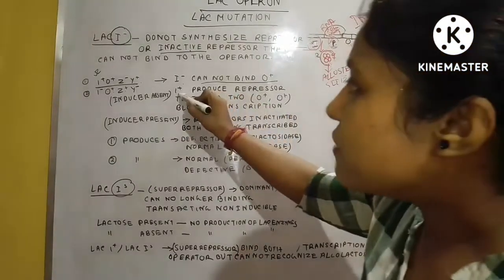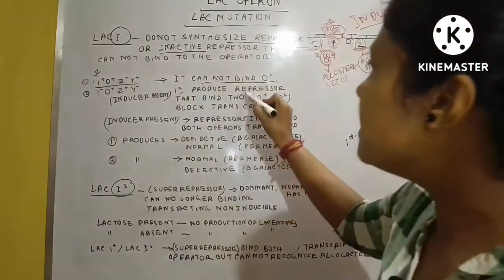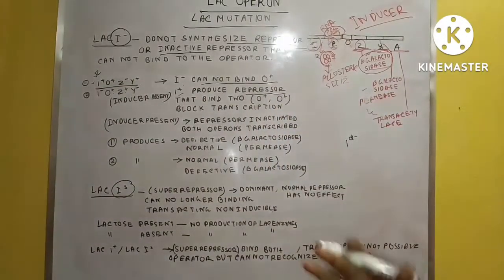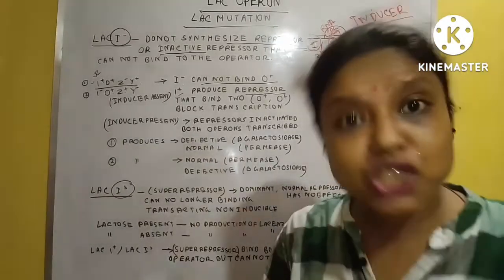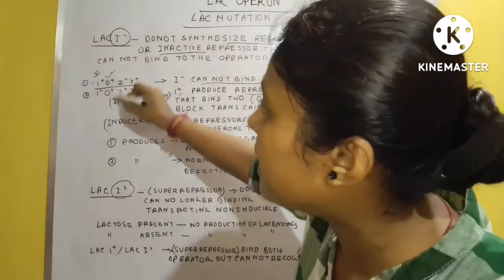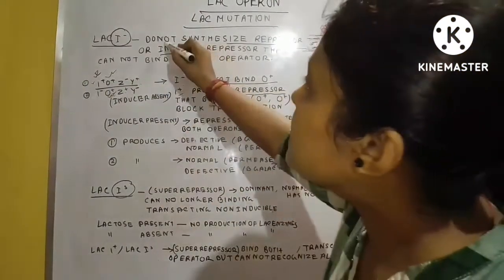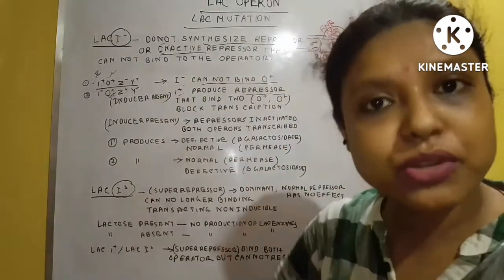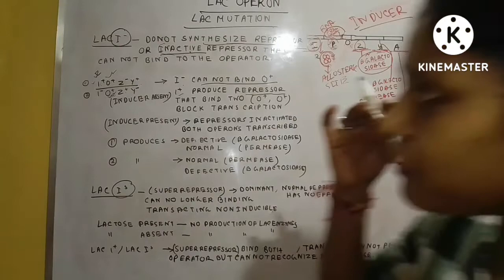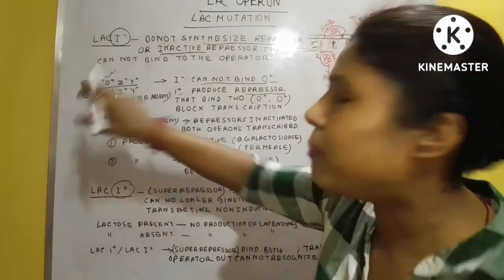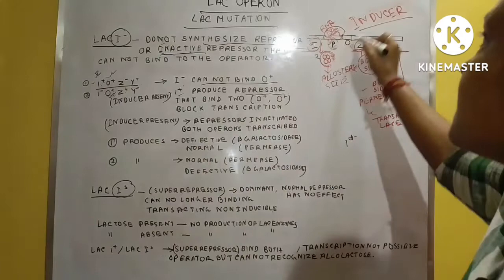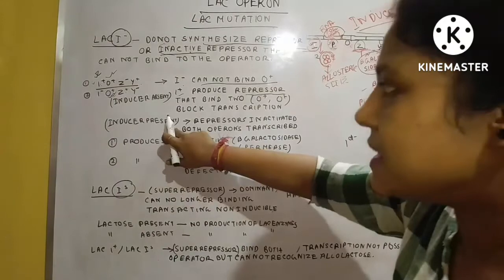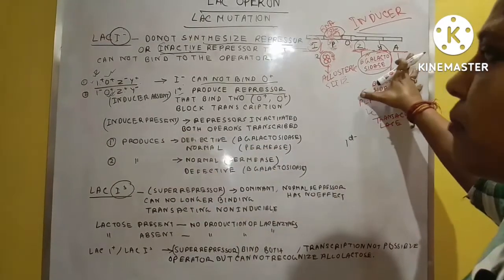But in case of I plus, the normal repressor protein is formed, and this protein is sufficient for binding the two operators. The inactive repressor is not needed, because I plus is present and produces sufficient regulator protein to bind the two operators and stop transcription. What happens if the inducer is present? Then transcription is possible.